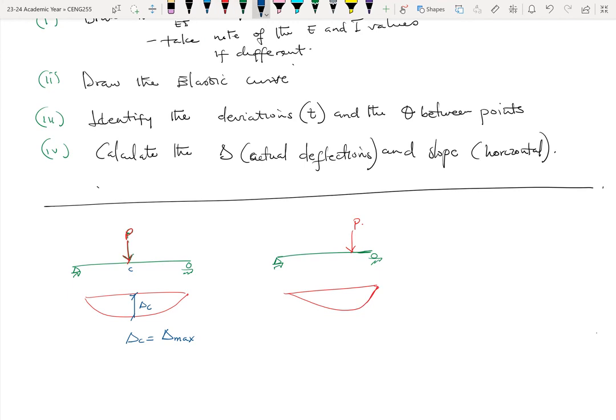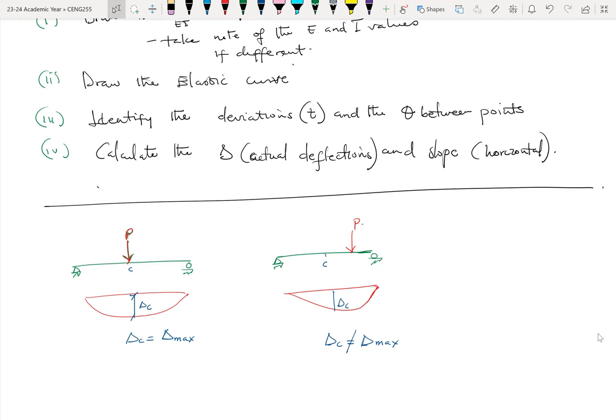Now this point C, yes, is the midpoint. But in this case, the deflection at C, delta C, would not be the maximum deflection. Okay. The maximum deflection is likely to occur closer to the load.